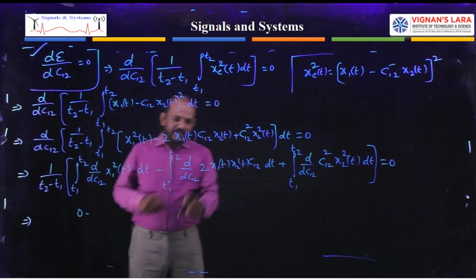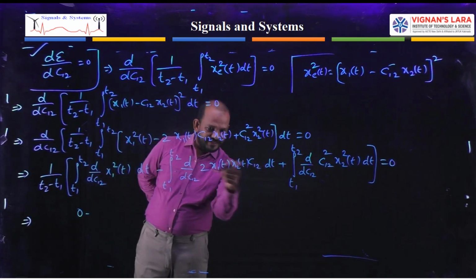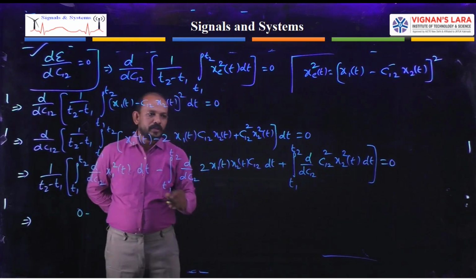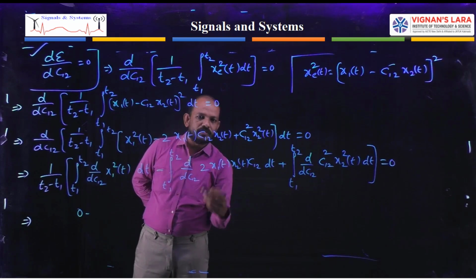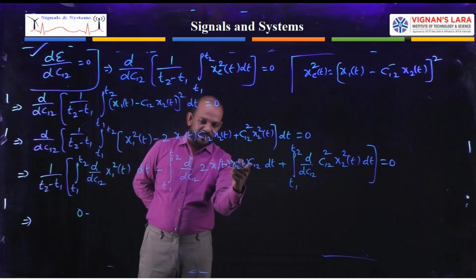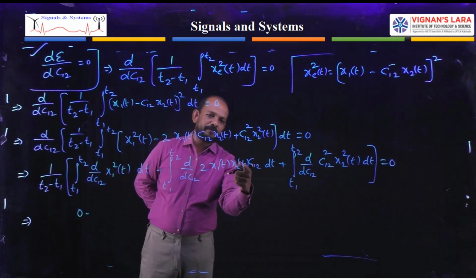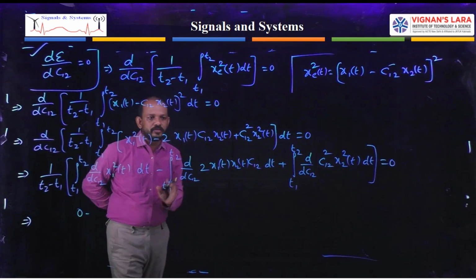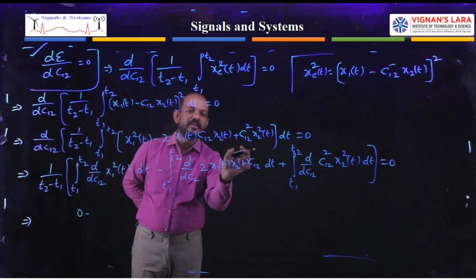Here, differentiating 2 into x1 of t into x2 of t into c12 with respect to c12, the three terms are constant. The differentiation of some constant into c12 with respect to c12 is that constant value, which here is 2 into x1 of t into x2 of t.